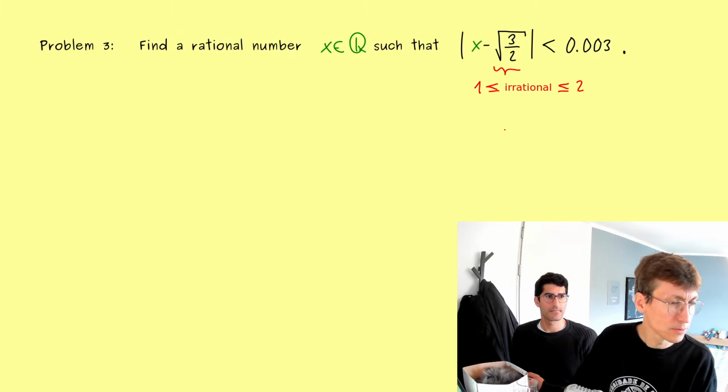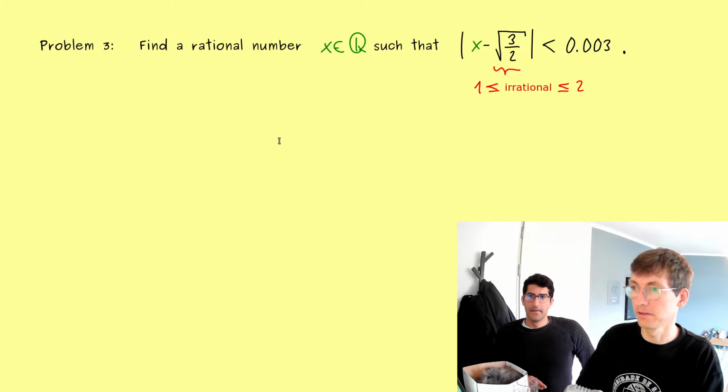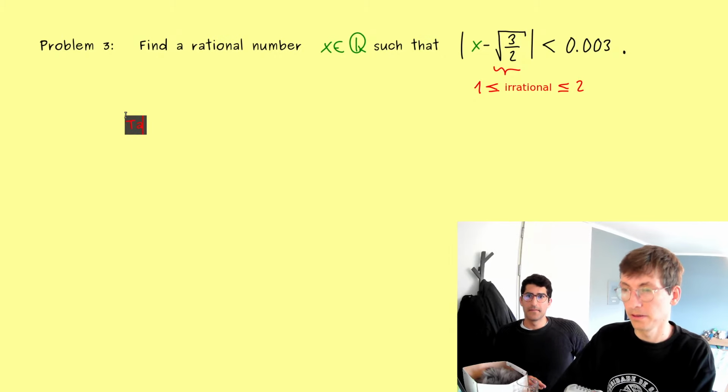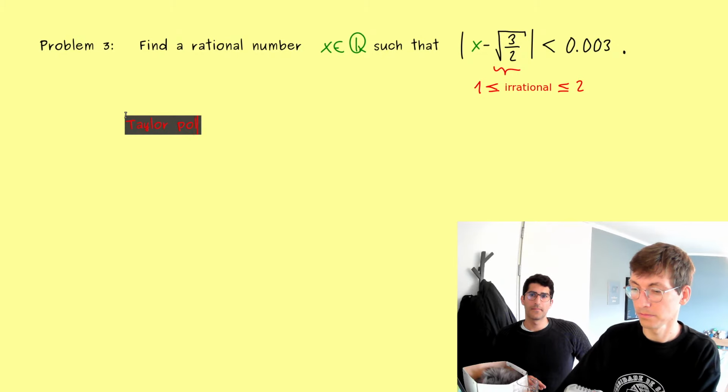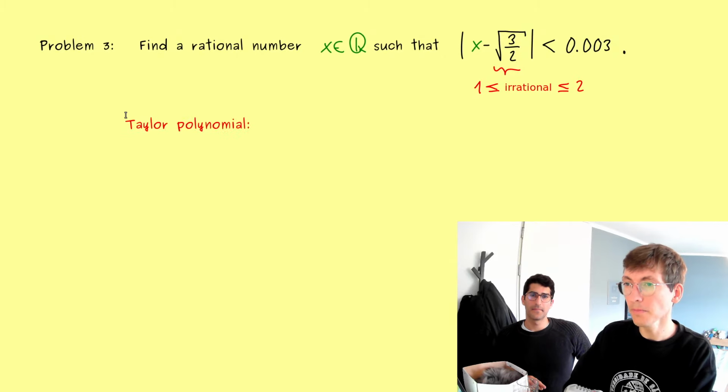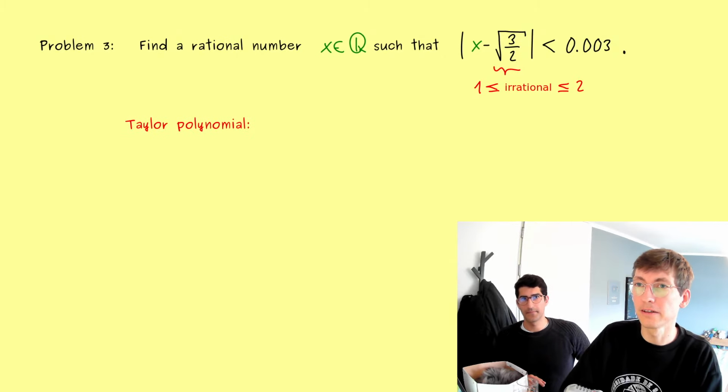Okay, so the idea would be to use the Taylor polynomial. If you know the Taylor polynomial, you know what to do. Then you know you need a function first.